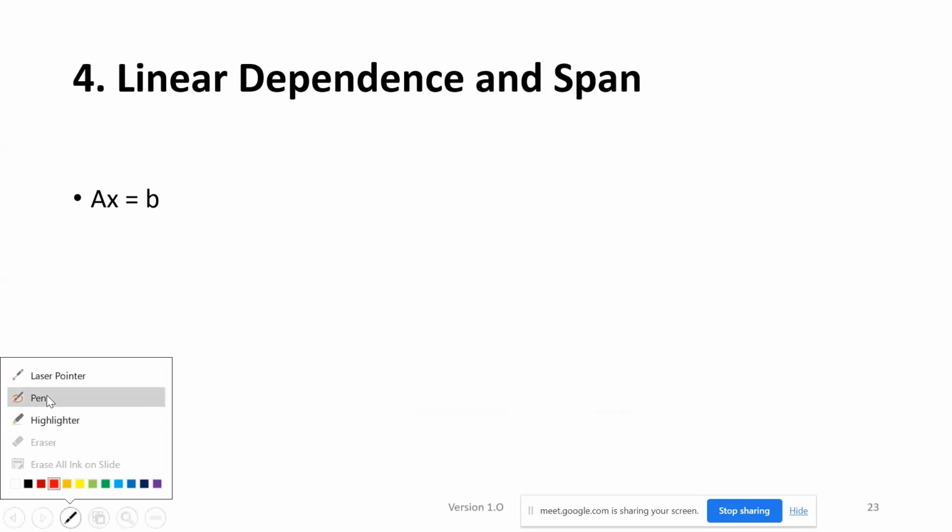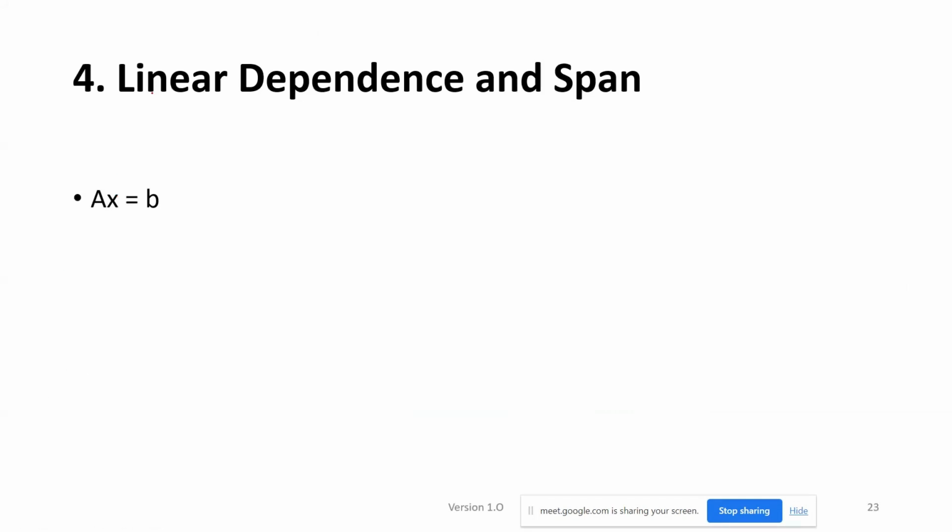Transpose, identity. Now comes linear dependence and span. Linear dependence means that in linear algebra our elements or variables depend on others. Here in this example, Ax equal to b.